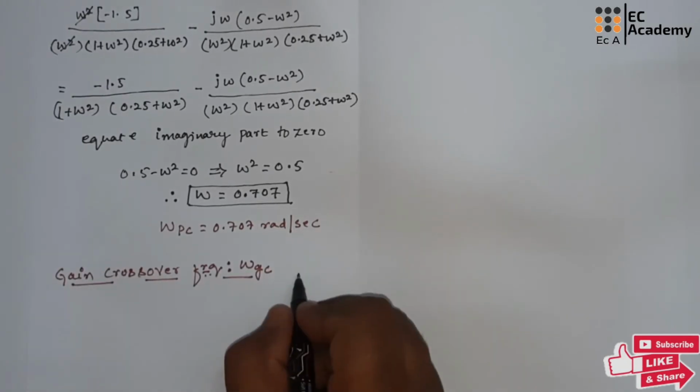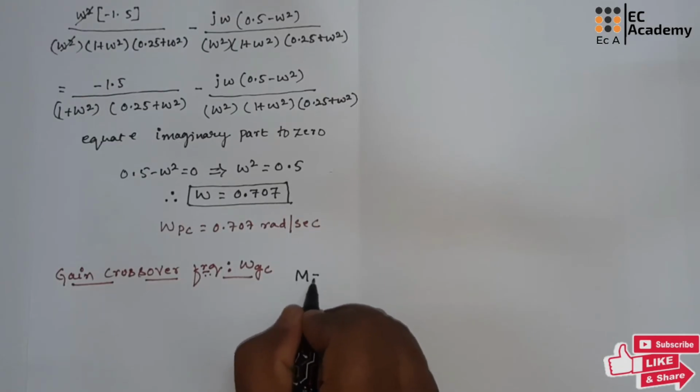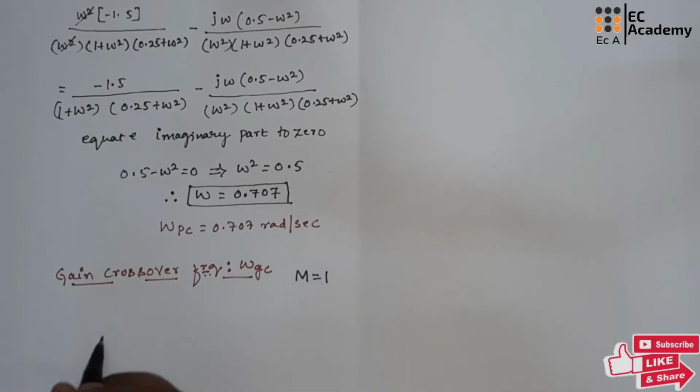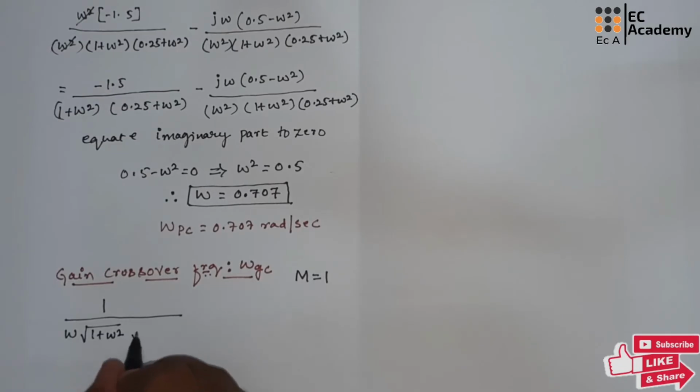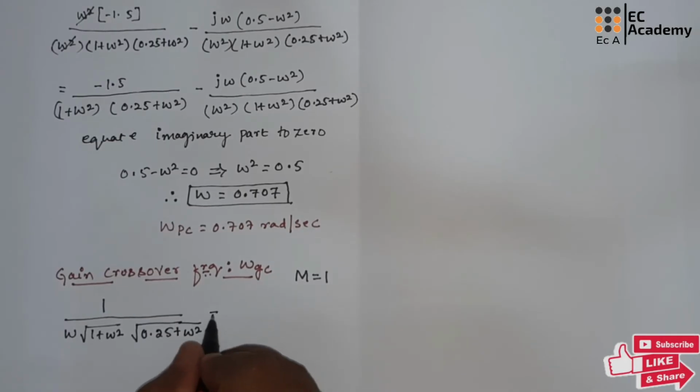To find the gain crossover frequency, we need to make the magnitude term equal to 1. So we got the magnitude as 1 divided by omega into square root of 1 plus omega square into square root of 0.25 plus omega square. So this term we can equate to 1.